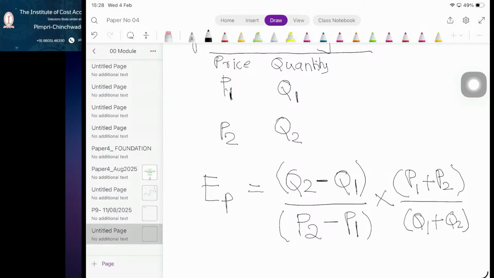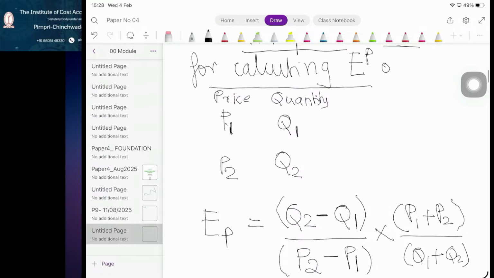Okay, let us apply the midpoint formula to our problem. We had P1 was 2, quantity demanded was 10, and P2 was 4 and quantity demanded was 2. Use the midpoint formula now to calculate the price elasticity of demand.